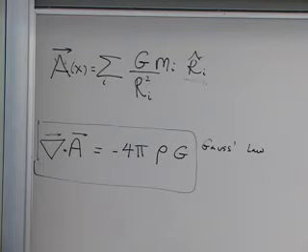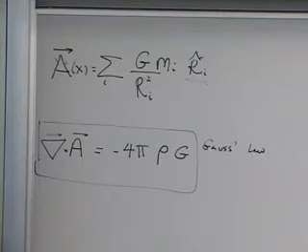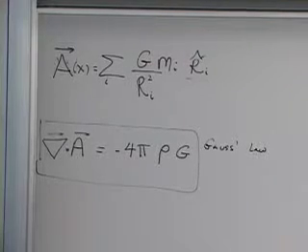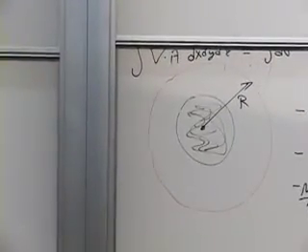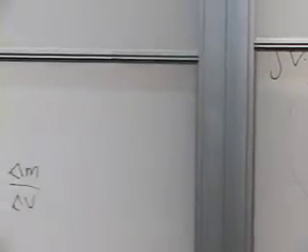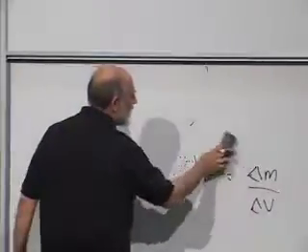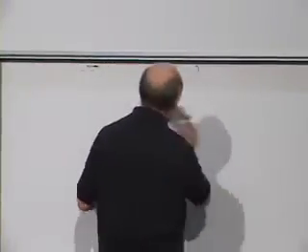While we're at it, somebody asked me last time about the gravitational field within the Earth. What is it like within the Earth? Here we did the gravitational field outside the Earth. We can now carry out a calculation of what's going on inside the Earth if we like. It's kind of interesting.